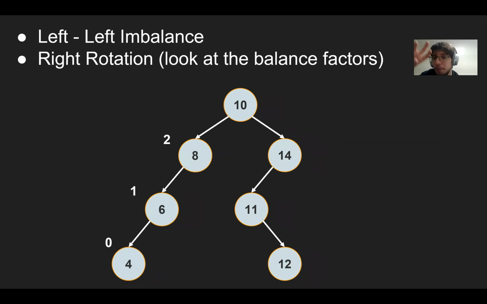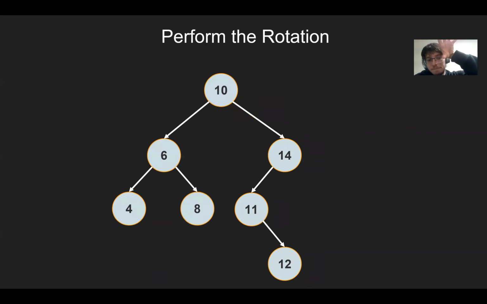Kind of just like pick up the 6, then the 8 moves down, and the 4 moves to the left. But remember that 8's parent's child, which was 8, is now going to become 6, because 6 moves up, and then 8 moves down. So we're basically switching their places and then picking up the 6.